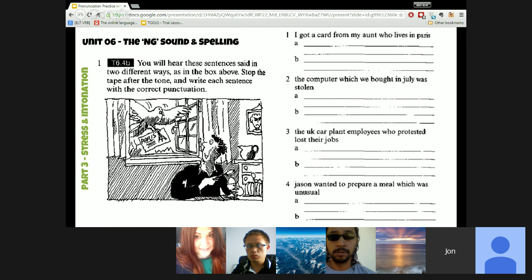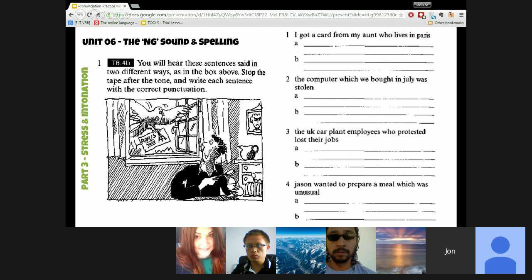So that's why I use a comma. And the second one, it doesn't matter who. I got a card from my aunt, who lives in Paris. So I'm giving extra information about that aunt. And there's only one aunt in A.